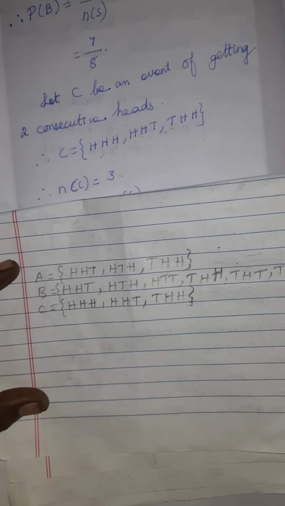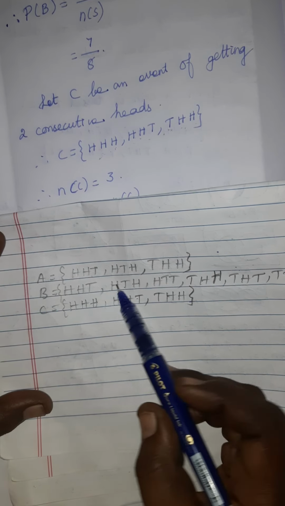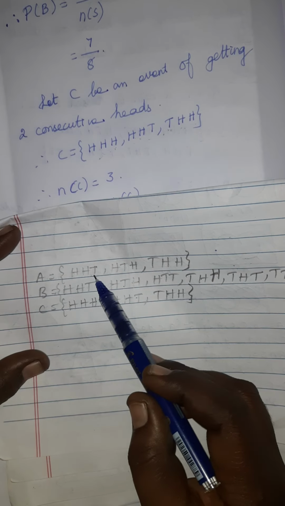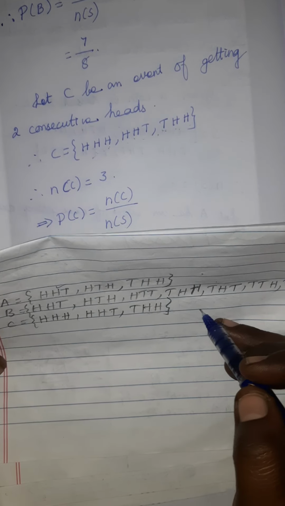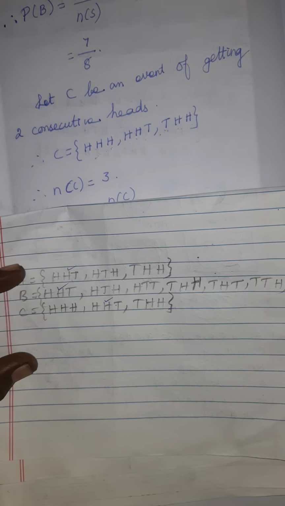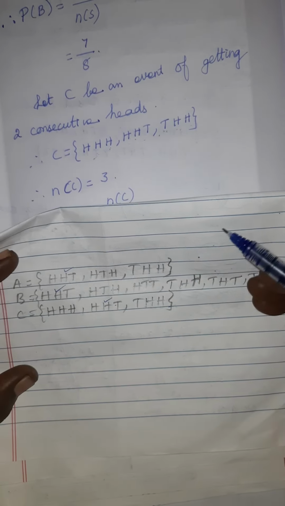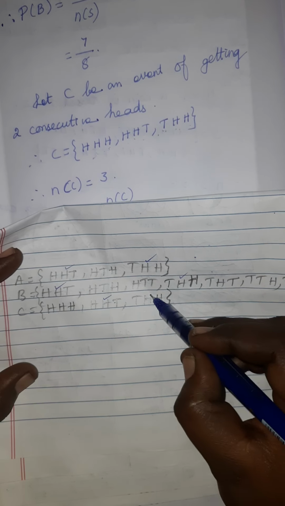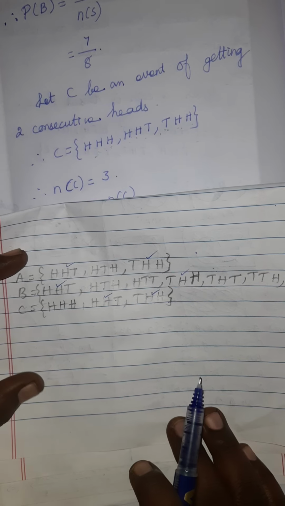Okay, now we can find out this all together. A intersection B intersection C is equal to, okay, altogether how many elements do you see? What are the elements common? H, H, T, it is there in all the 3 sets. Then this T, H, H, that is also in all the sets.